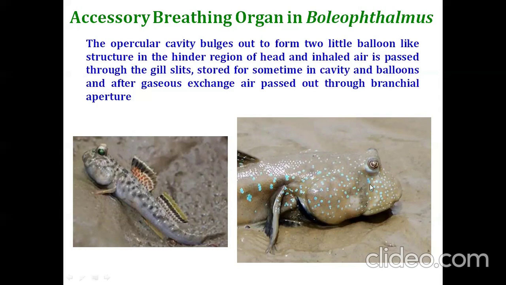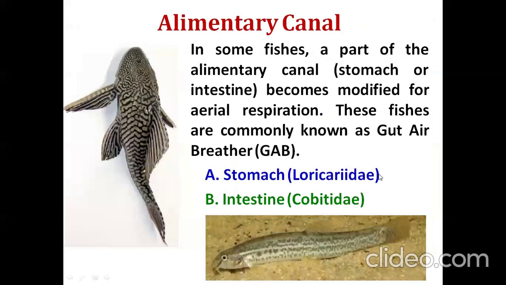An air sac is nothing but a balloon-like structure. Through the gill slits, the inhaled air is passed, stored for some time in the cavity and balloons, and after that the gaseous exchange takes place or the air is passed out through the branchial aperture. And this is about the alimentary canal.